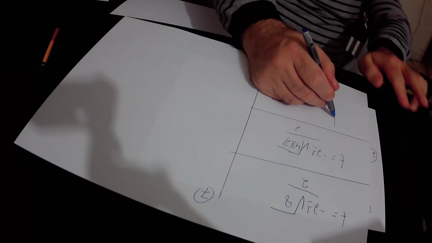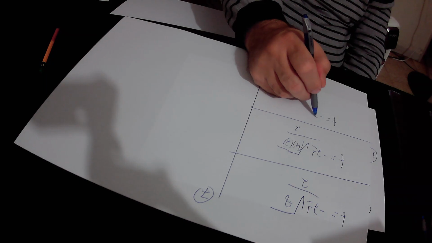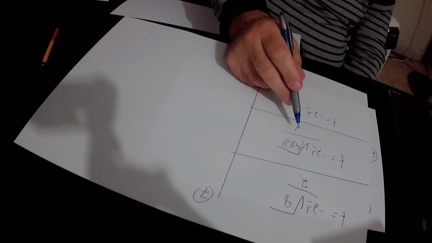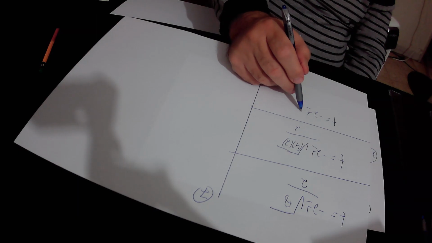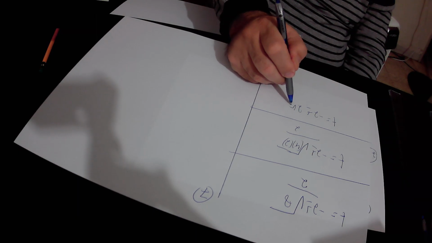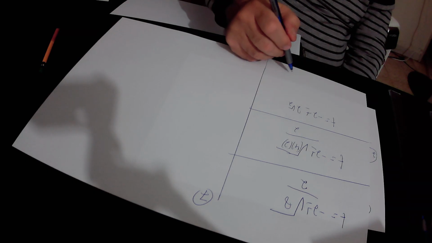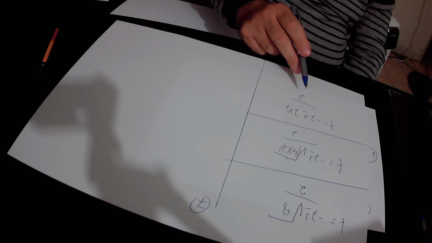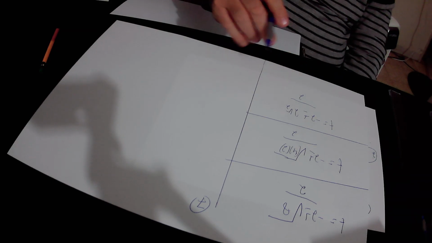So t equals minus 2 plus minus the square root of 4, which is 2, so inside the root we have to leave 2, all divided by 2. So t equals minus 2 plus minus 2 times square root of 2 over 2.